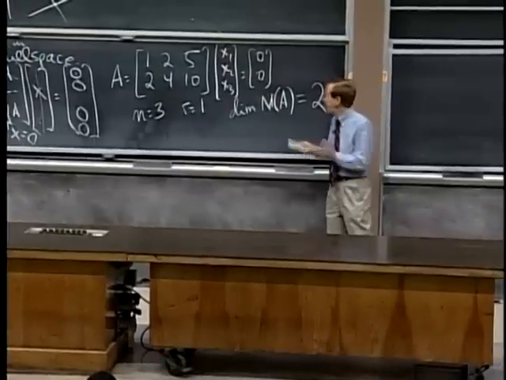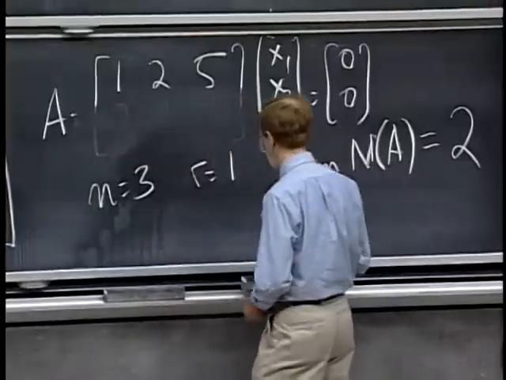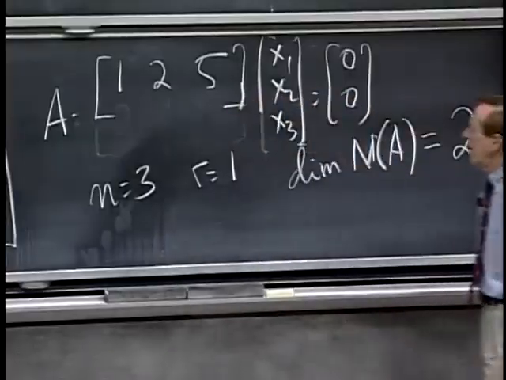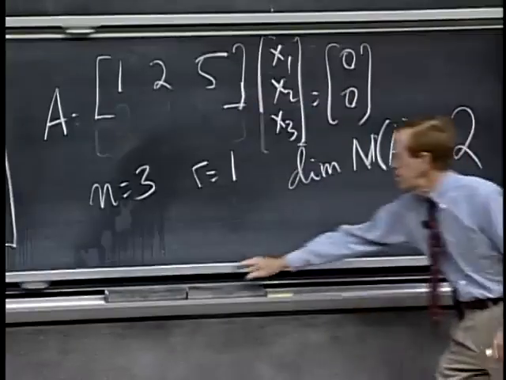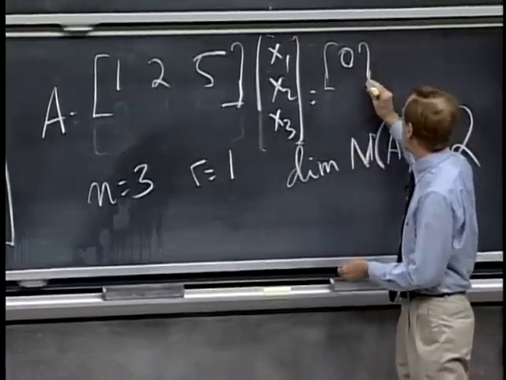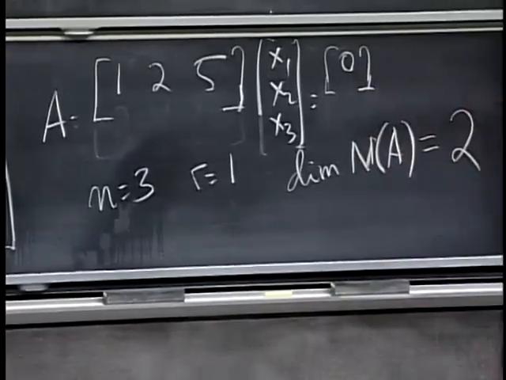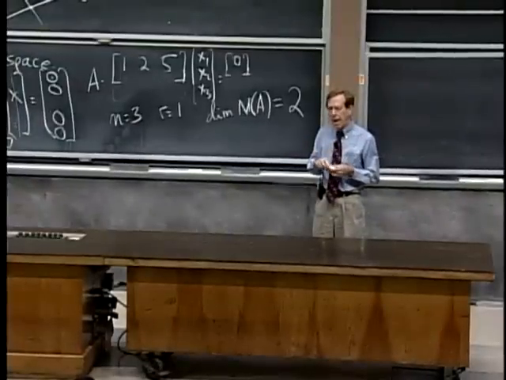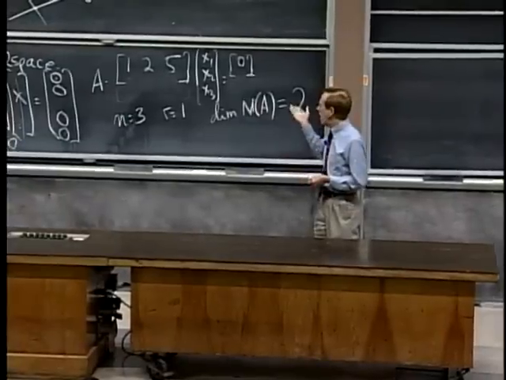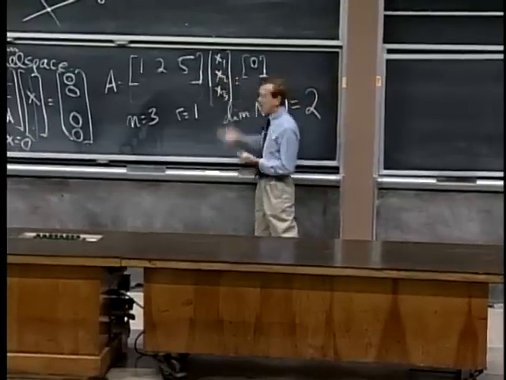Right? We now see. In fact, the 2, 4, 10 didn't actually have any effect at all. I could have just ignored that. That didn't change the row space or the null space. I'll just make that one equation. Yeah, okay, sure. That's the easiest to deal with. One equation, three unknowns, and I want to ask, what does the equation give me?